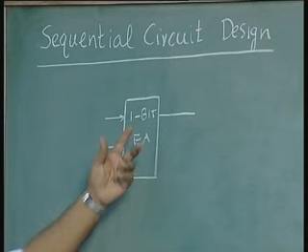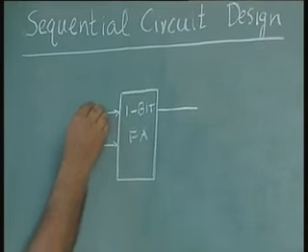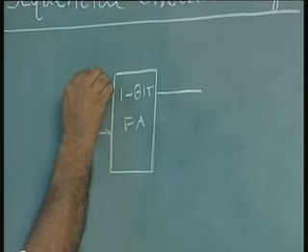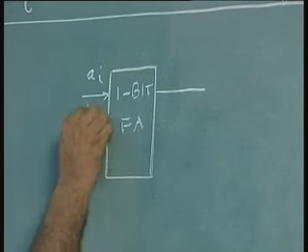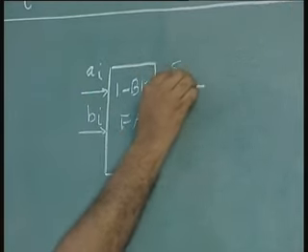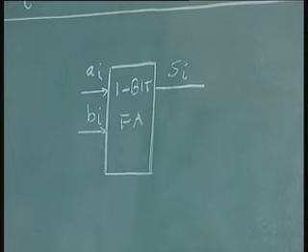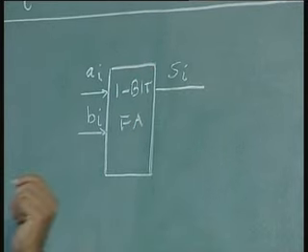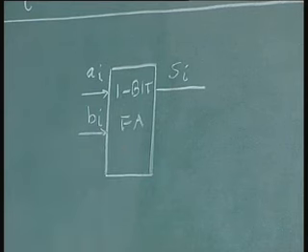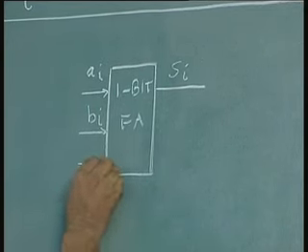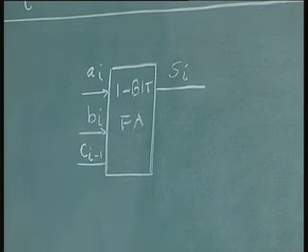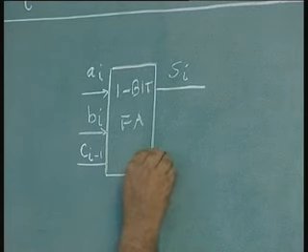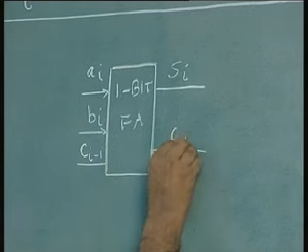But we know that a 1-bit full adder requires, in addition to A and B, let us call them AI and BI, and this is SI. This is what we have used in the previous lectures for the signals of full adders. We also in addition have Ci minus 1, the carry from the previous bit position, and the carry output for the current position.